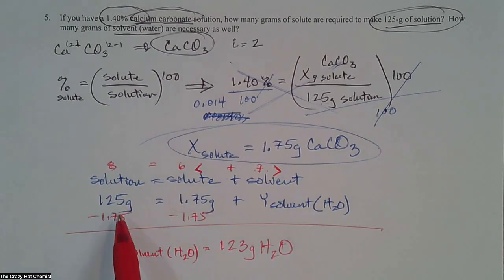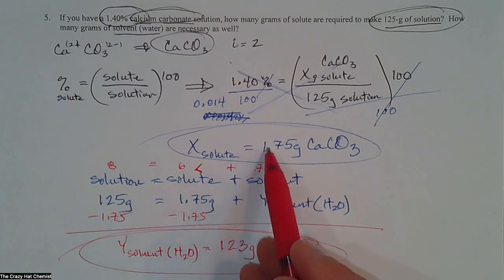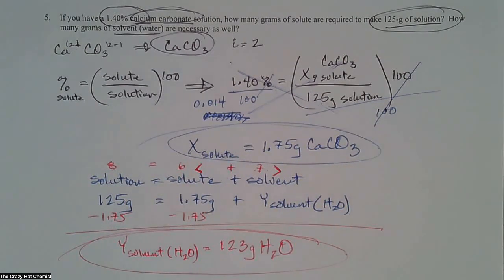And remember, when you're doing subtraction problems, you're using the fewest number of decimal places. This 125 grams has no decimal places. This has 2, so no decimal places will be my answer, okay? So I have 123 is my mass of my solvent, which is the water, and I have 1.75, which is my mass of my calcium carbonate. That is the solute. All right, fantastic.